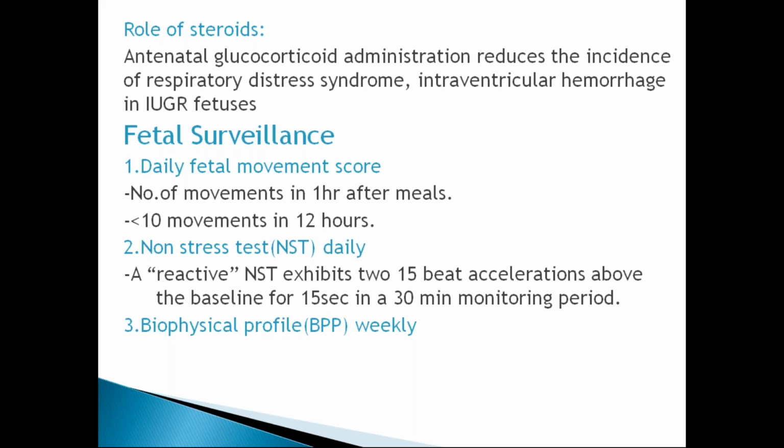Non-stress test, you know all these things. What is a non-stress test? It is an increase in fetal heart rate with fetal movement. The increase should be at least 15 beats and persist for 15 seconds, at least 2 times in 20 minutes.